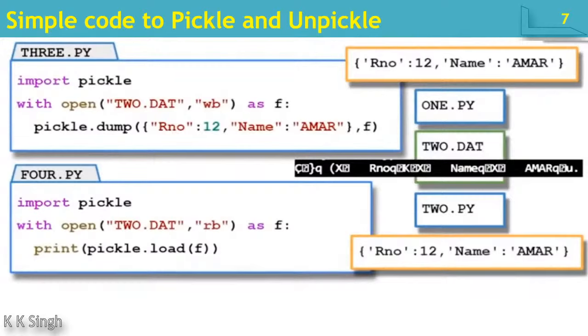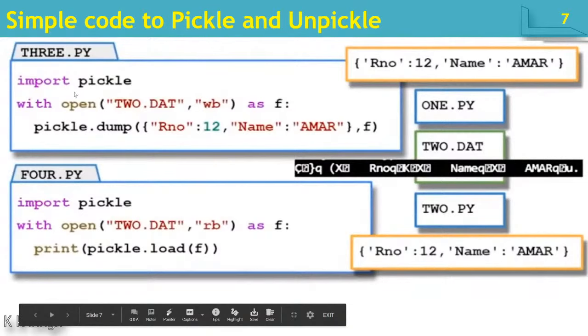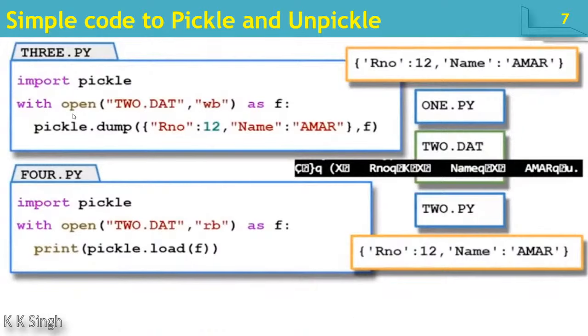So first step is to import pickle. So this is here, import pickle, and with open 2.dat, this is the file name, and this extension is taken by us, and this is the convention of data file.